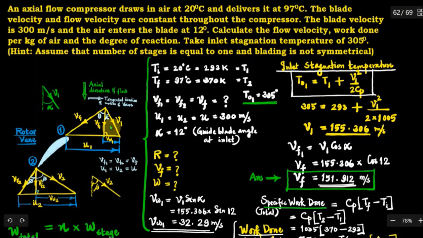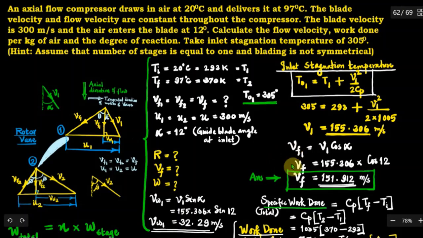So alpha is 12. From this triangle, if you try to connect V1 and Vf1, we can do that. V1 cos alpha is equal to Vf1. If you take cos alpha, that is equal to adjacent side by hypotenuse, that is Vf1 by V1. Therefore Vf1 is equal to V1 cos alpha. So you will get Vf1 is equal to 155.306 into cos 12.